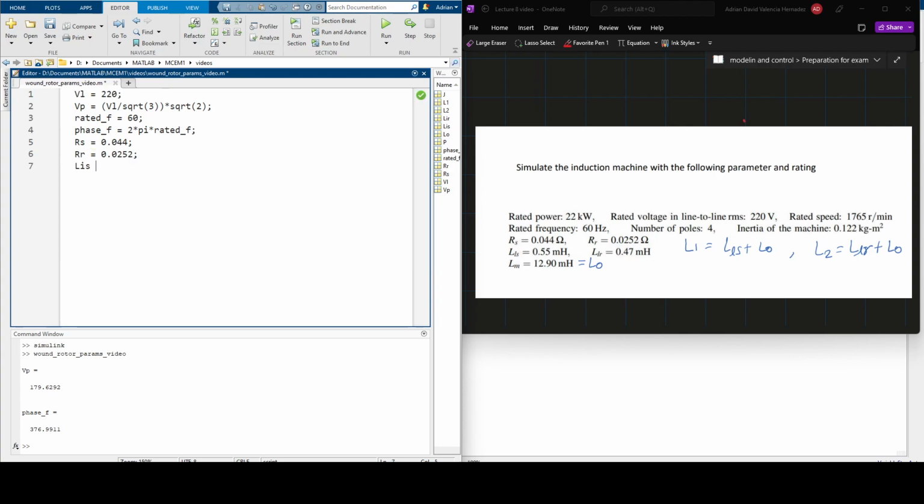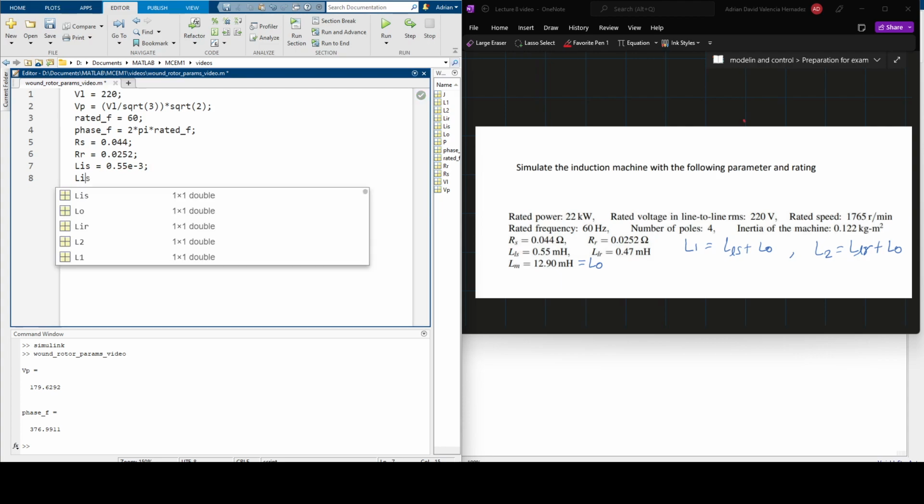Lls is equal to 0.55 times 10 to the minus 3. This is the self-inductance of the stator, and in the rotor, 47 e to the minus 3.